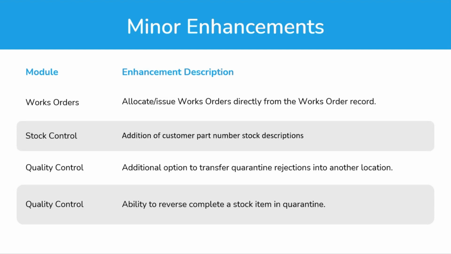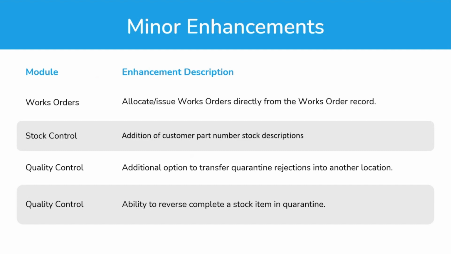And on stock control, we have included that you can now view the stock item description or the customer stock item descriptions. On the quality control side of things, we allow quarantine rejections to be transferred to another warehouse.